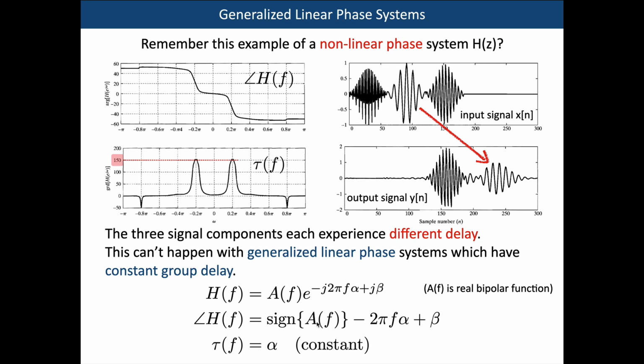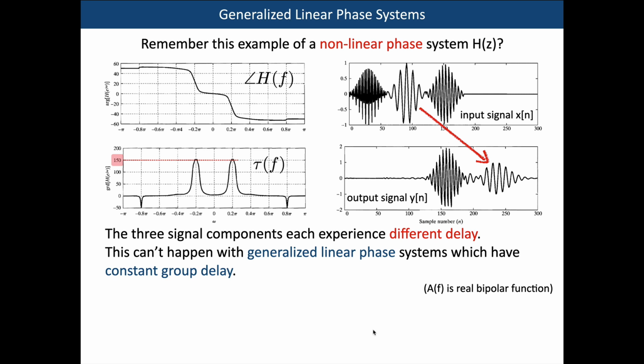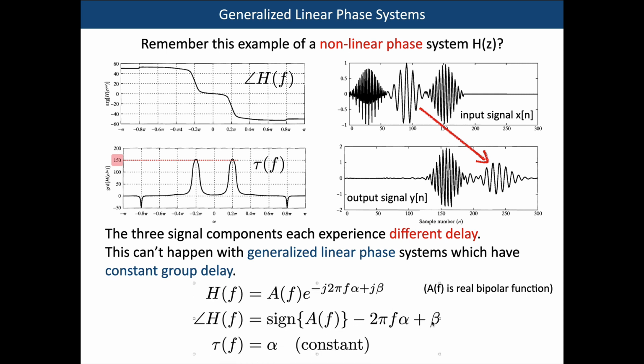So for generalized linear phase systems, the important part is that you have a linear piece, and you have a constant. So that's generalized linear phase. Linear phase, perfectly linear phase, you'd only have this term -2 pi f alpha. So by generalized linear phase, we're allowing there to be a y-intercept. And the beautiful thing about this is that when you have systems with generalized linear phase, the group delay is a constant. Now that could be a very important thing depending on the application.